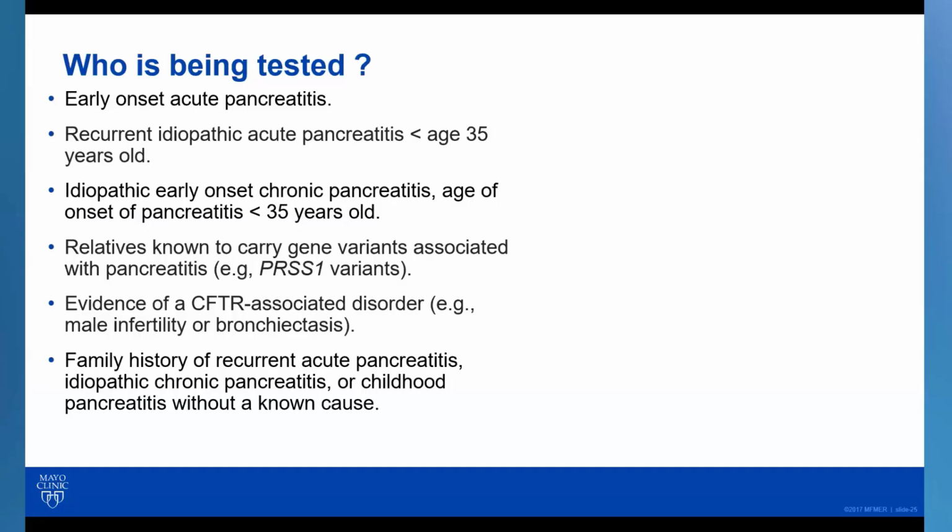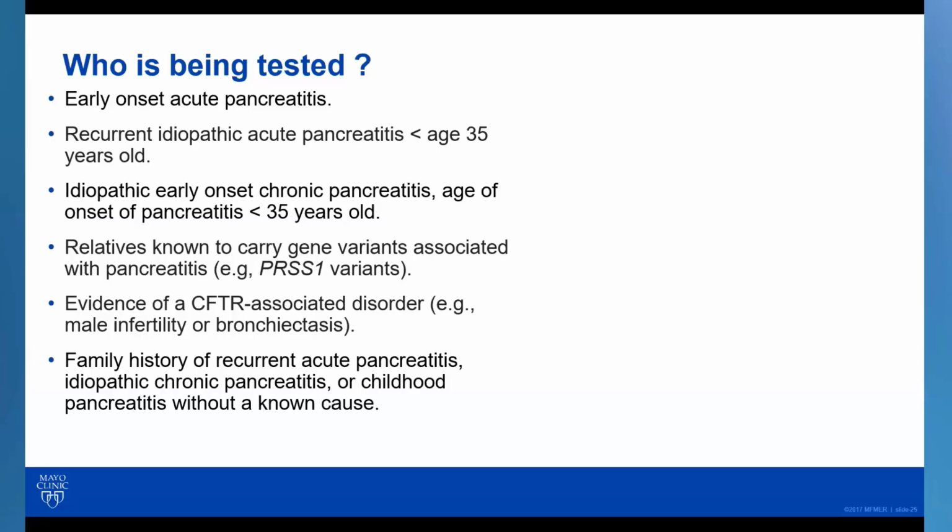Relatives of individuals with known mutations, primarily PRSS1, can be tested. Additionally, if I know that there's an underlying CFTR associated disorder, so there is male infertility or pancreatitis, so not full-blown cystic fibrosis, and I'm thinking, well, on the scan, the pancreas looks a little abnormal, then we might consider genetic testing to tease out if they have an underlying CFTR mutation causing those pancreatic morphological abnormalities.